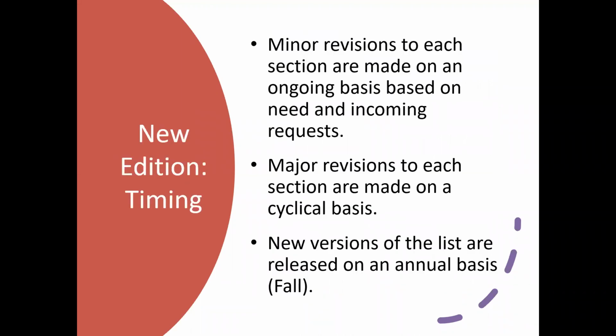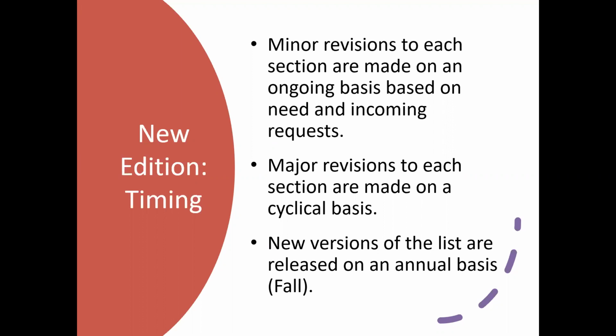For each new edition we make minor revisions to each section based on need, such as a current event we might see happening or requests that are coming in through our request form. And then we also choose major sections to make major revisions on a cyclical basis.